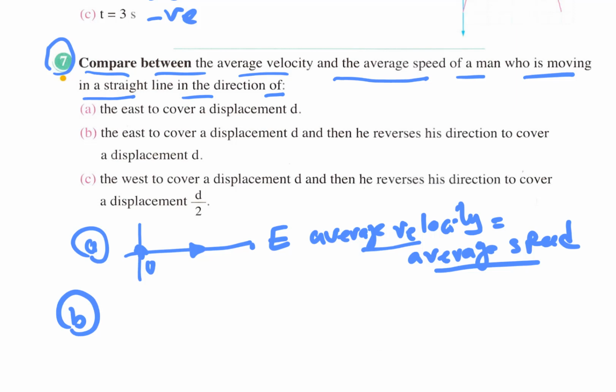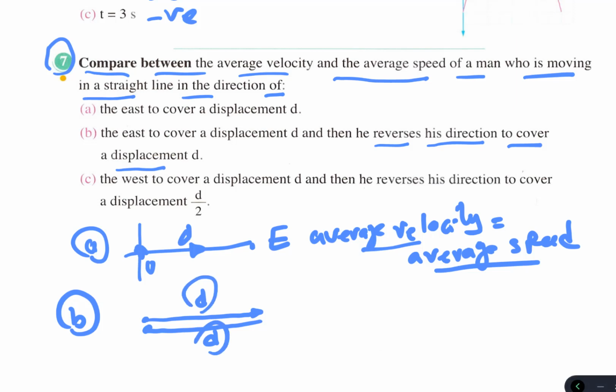The man moved to the east to cover the displacement D, and then he reversed his direction to cover a displacement D. So he moved to the east to cover displacement D, and after that he returned to the same point. So here the displacement equals 0, but the distance equals 2d. Distance equals 2d, right?